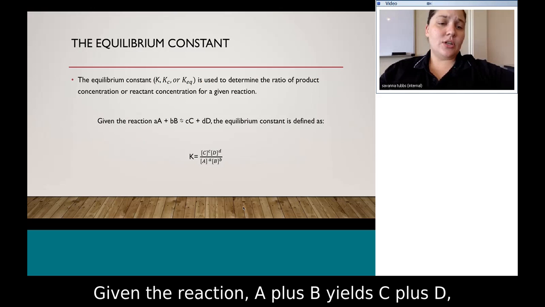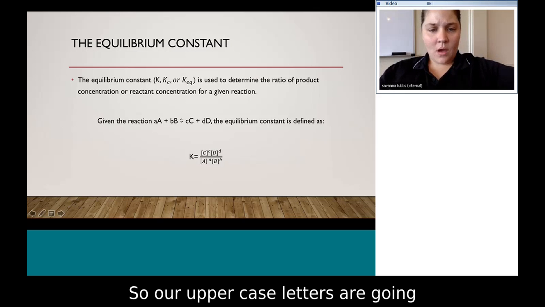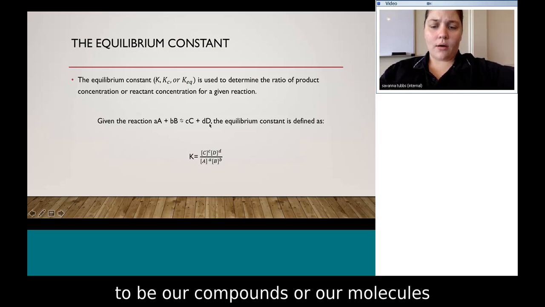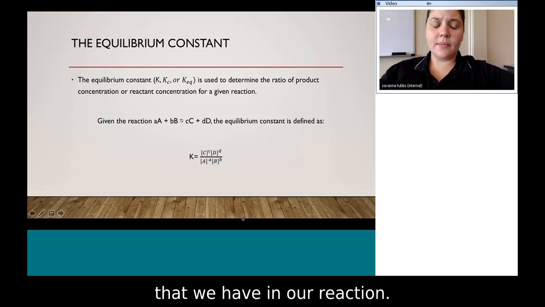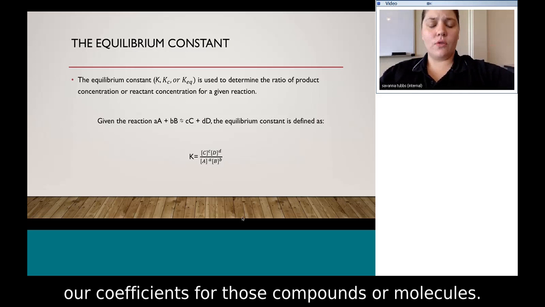Given the reaction A plus B yields C plus D, the equilibrium constant is as defined. So, our uppercase letters are going to be our compounds or our molecules that we have in our reaction, while the lowercase is going to represent our coefficients for those compounds or molecules.